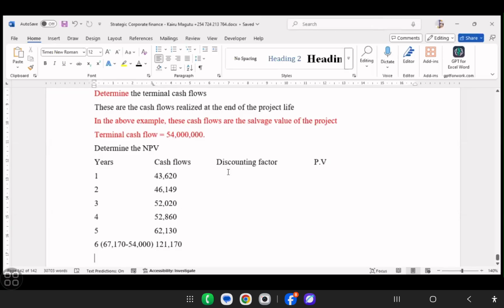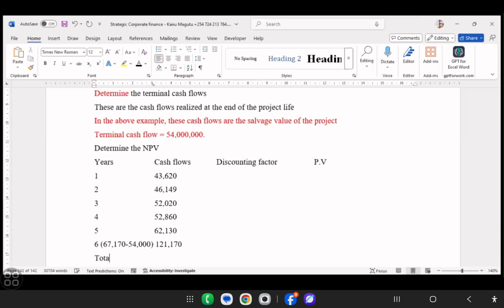So how much is 1.15 for each of the years? I want you to discount these cash flows at 15%. Give me the PV and the total present value.